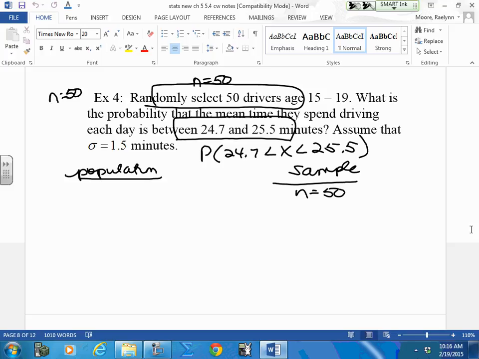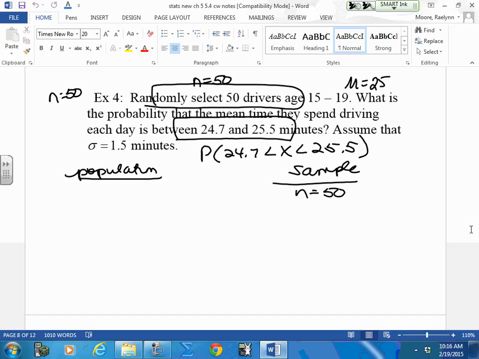Only thing I'm missing is the x value, which I probably forgot to write down. Probably is off the chart, right? So in the 15 to 19 group, what is their mean? Look at your chart on page 266. What is their mean from the chart? 25 minutes. Their mean from the chart is 25 minutes.